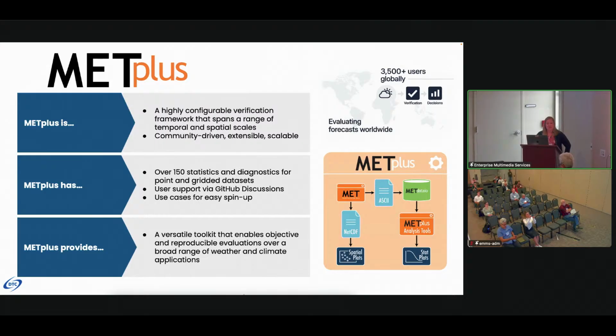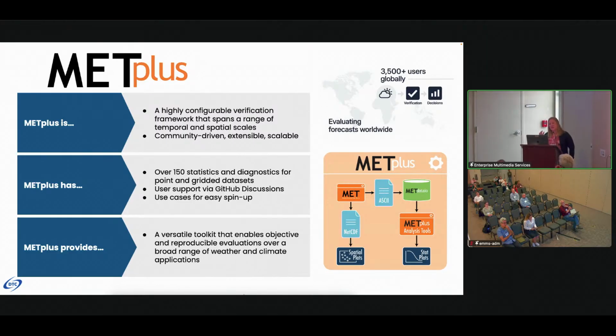It's community software, extensible, scalable, and has over 150 statistics and diagnostics for point and gridded data sets. As a community software, it has user support that's provided via GitHub discussions, and it has a library of use cases that are provided for easy spin-up. And it provides a versatile toolkit that enables objective and reproducible evaluations over a broad range of weather and climate applications.